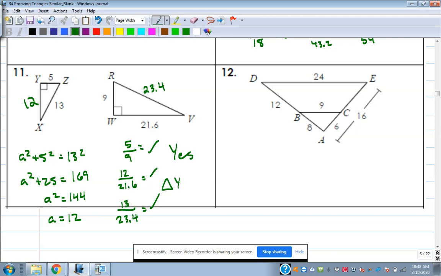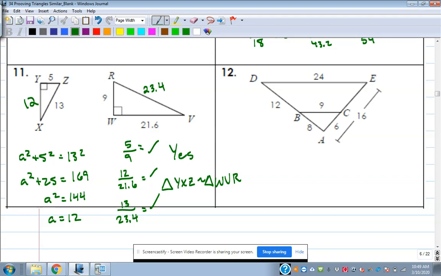Triangle C is similar to triangle WXV, WRD. You get it. YXZ. So you would have to do WVR. That's what you would have to do. Should be WVR.